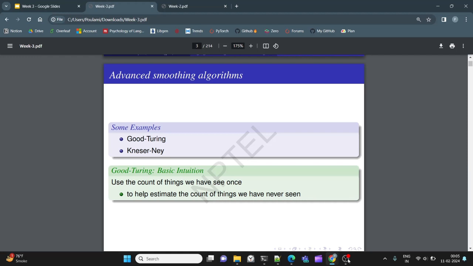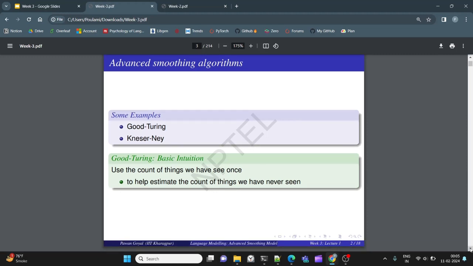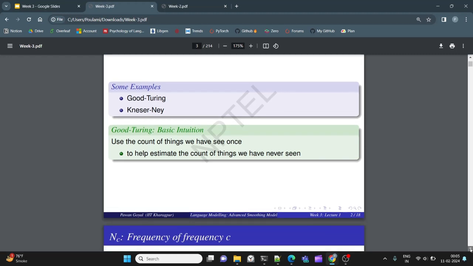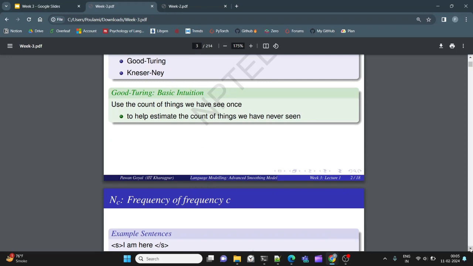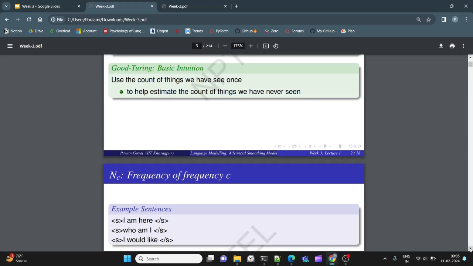All these we had seen, I think, in the week two lectures. Now we'll discuss the advanced smoothing algorithms. We discussed Kneser-Ney. We'll discuss good Turing now.